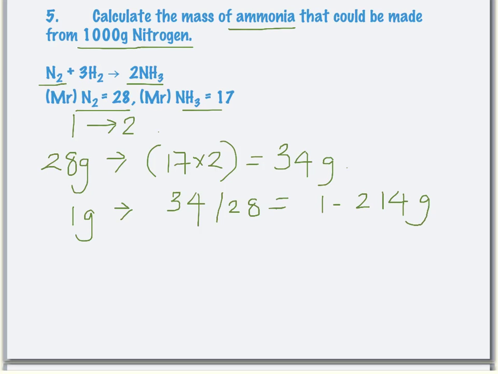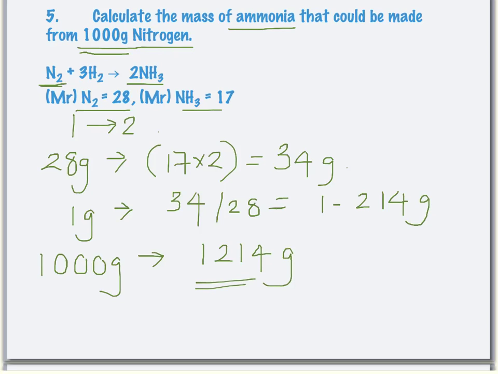We needed to know how much 1,000 will make, so 1,000 grams will make 1,214 grams of ammonia. Relatively straightforward. Again, making sure that you're clocking 1 mole of nitrogen makes 2 moles of ammonia.